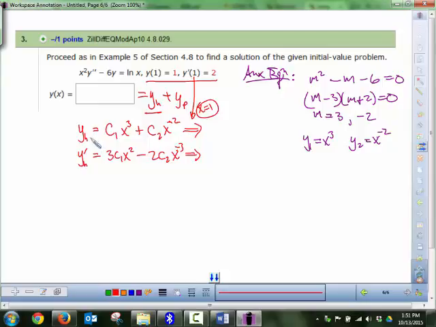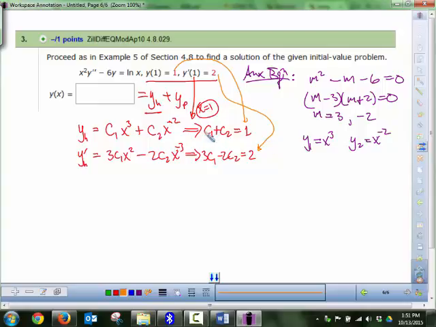So when x is equal to 1, your original function will have c1 plus c2 equals 1. And your derivative will be 3c1 minus 2c2 is equal to 2. And you have a couple of equations, a couple of unknowns.